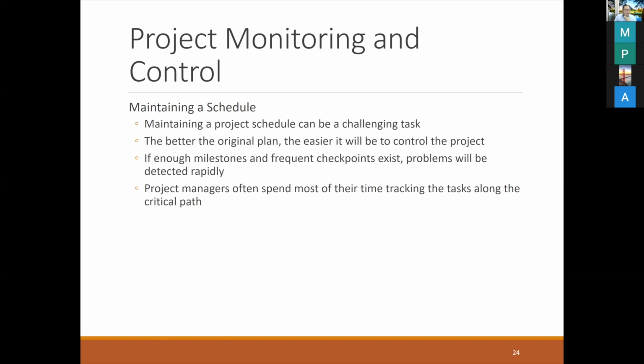If enough milestones and frequent checkpoints exist, problems will be detected rapidly. That's why I told you that we should conduct the meeting frequently, so that you know the problems and can fix them rapidly. Project managers often spend most of their time tracking along the critical path.